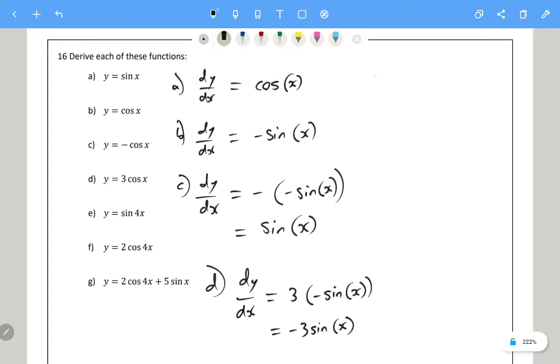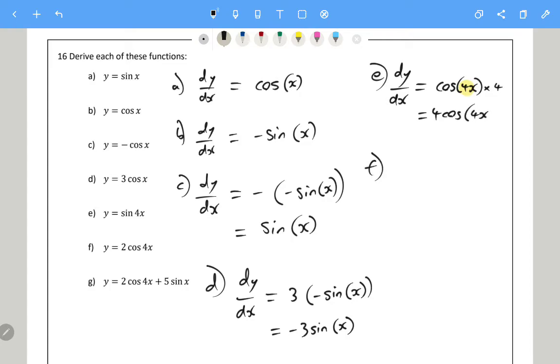Let's look at E. E is sine of 4x. Well, this is a chain rule question, right? So dy dx is equal to, sine goes to cos, so cos of 4x times the derivative of the brackets, which is 4, and we get 4 cos of 4x.